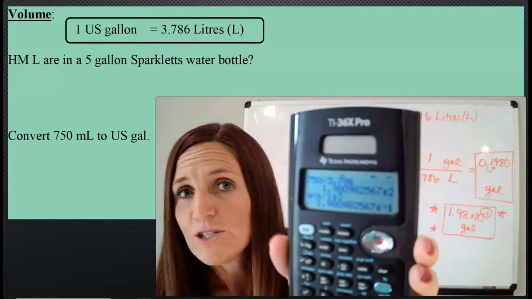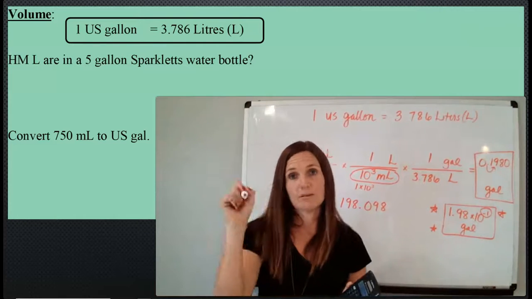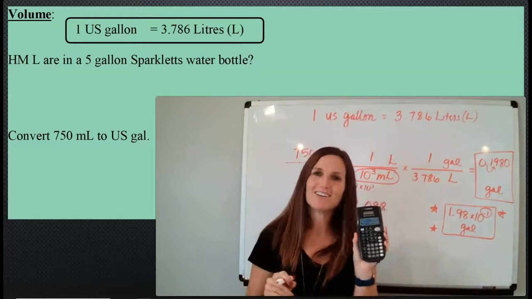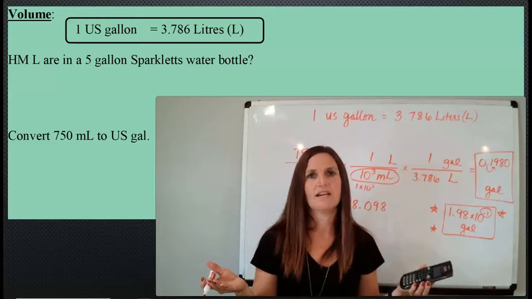So what you might want to do if you're not feeling super confident in your moving the decimal place, changing the exponent skills, is to make sure your calculator's in scientific notation. It's a really easy fix to keep your life nice and simple.